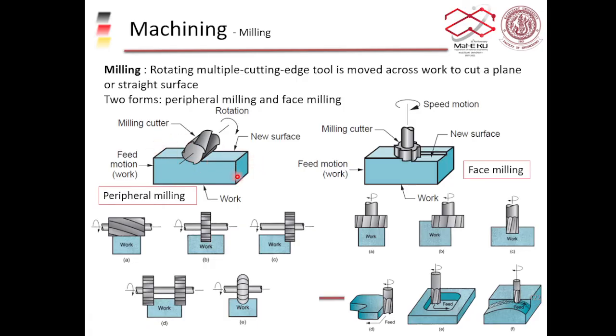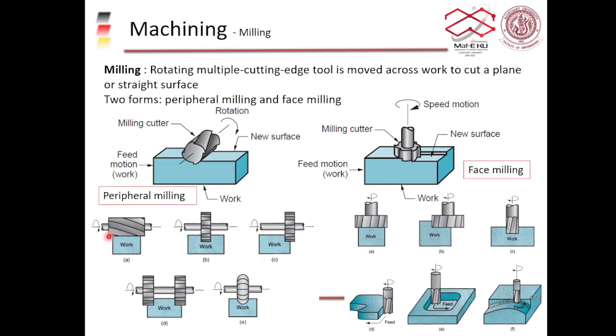You are removing the periphery of the workpiece, right? When you're moving the milling cutter on the surface, you are producing a new surface. And face milling is producing a new face on the surface, right?